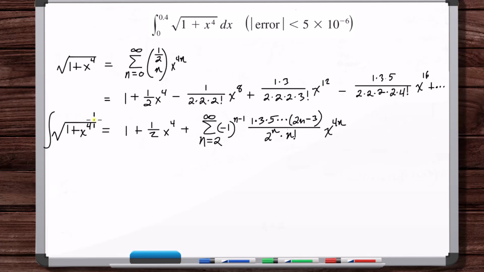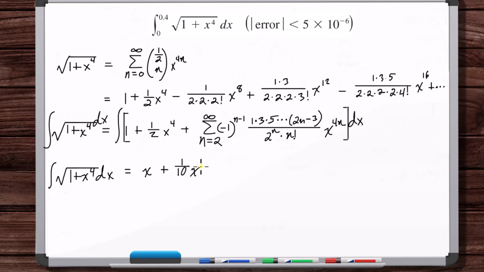Now let's integrate both sides here. So you've got x plus 1/10 x to the fifth. You bring in the 5, you get 1/2, right?